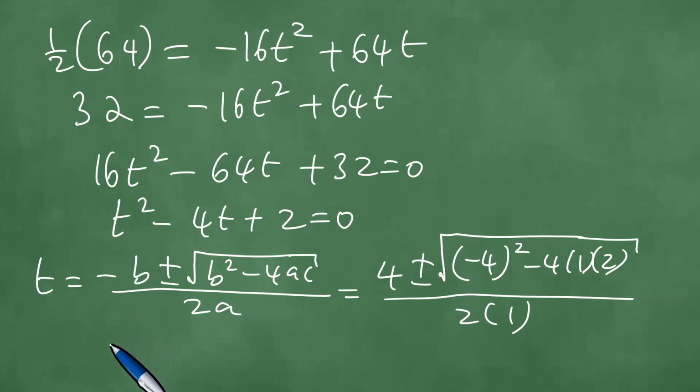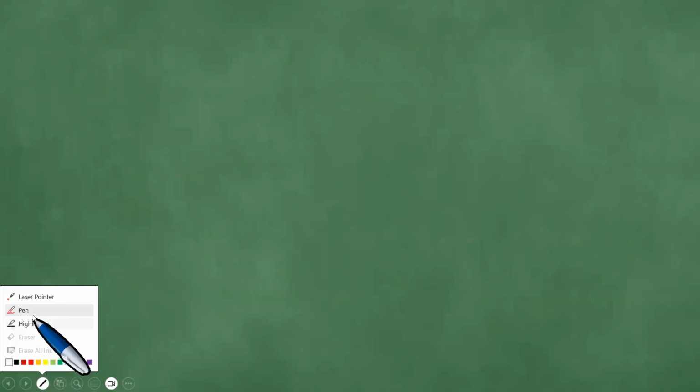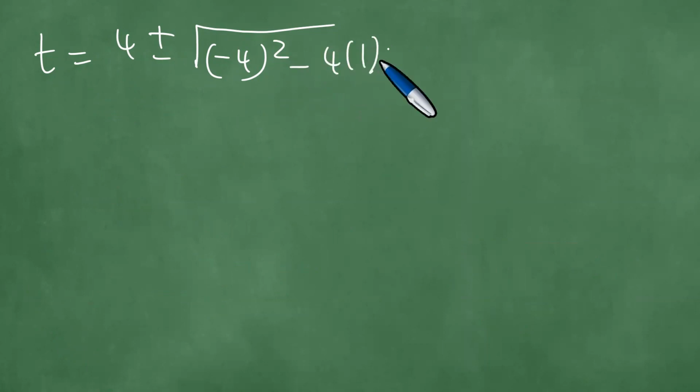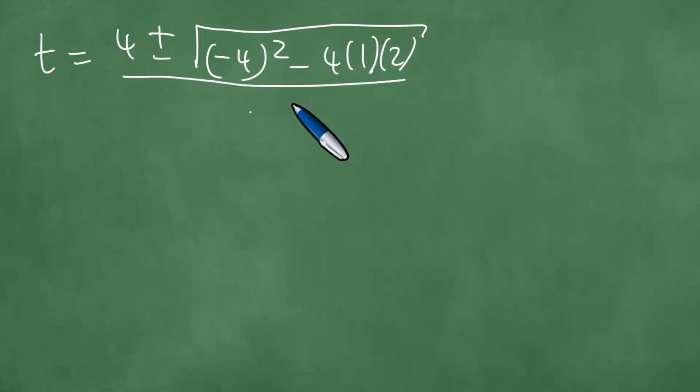What we have here is that this implies t equals 4 plus or minus the square root of minus 4 squared minus 4 times 1 times 2, and you divide everything by 2 times 1.